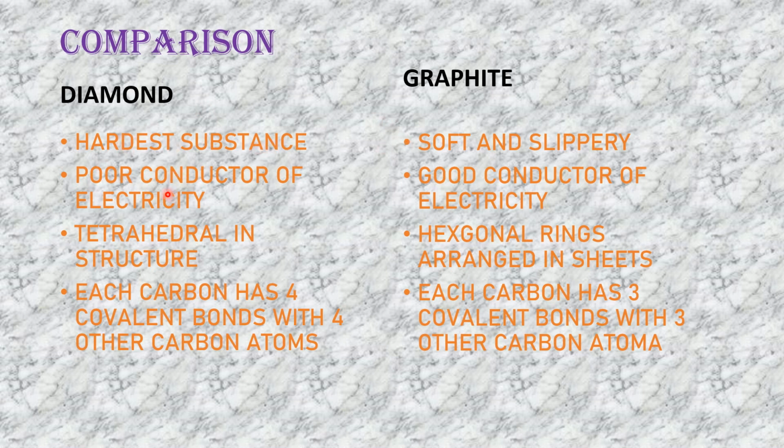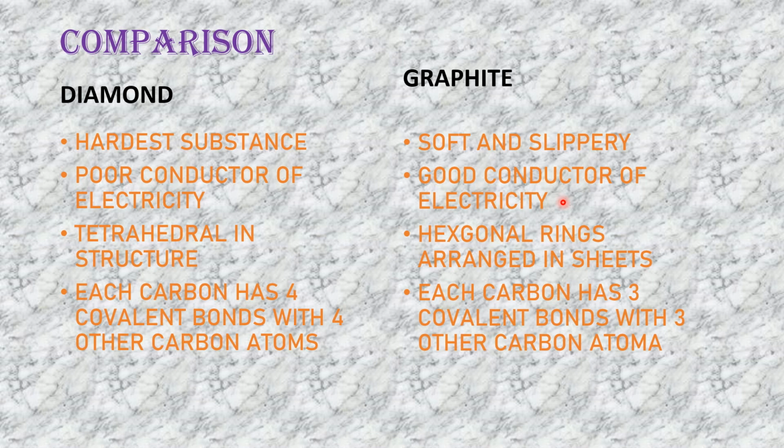Hardest, soft and slippery. Poor conductor. Why is it a poor conductor? Because all the 4 electrons are being completely shared. Hence, there is no charge on the carbon particles in diamond. But here in graphite, they are good conductors because of the presence of one free electron.